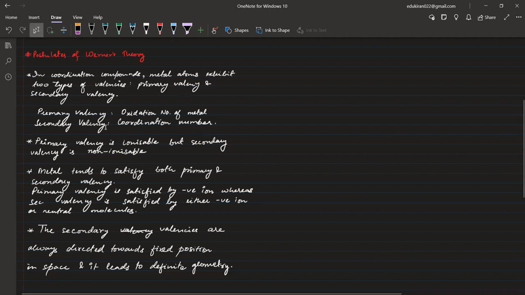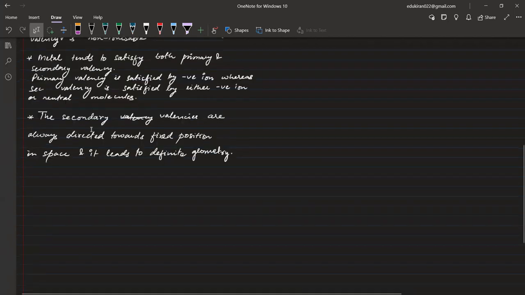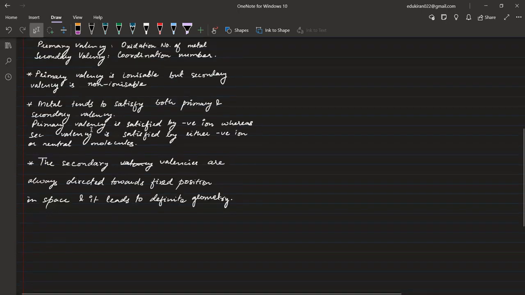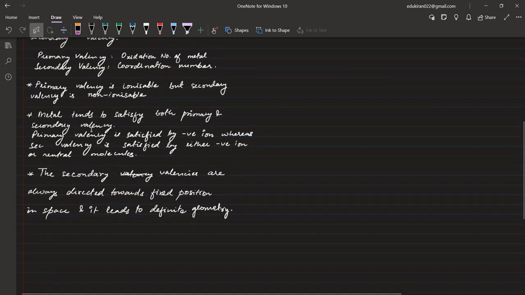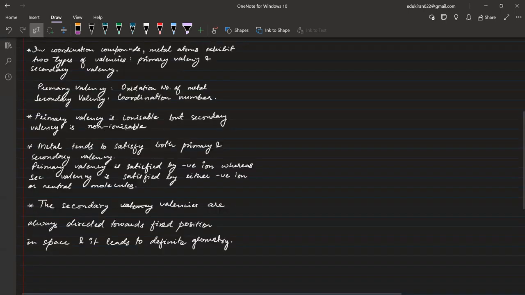The metal tends to satisfy both primary and secondary valency, and so on. And secondary valency is always directed towards a fixed position in space, and it leads to definite geometry. Geometry we are going to learn later on, but just take a screenshot of this. I will give you 5 seconds: 5, 4, 3, 2, and 1.